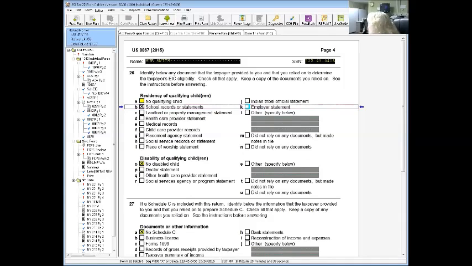Yes. Then that one question, can this child be claimed for earned income credit by anybody else? Would that be like if an adult parent lives with grandparents, but the grandparents don't file because they don't make enough income? Is that when that question would be no?